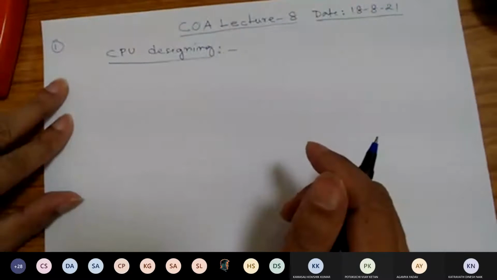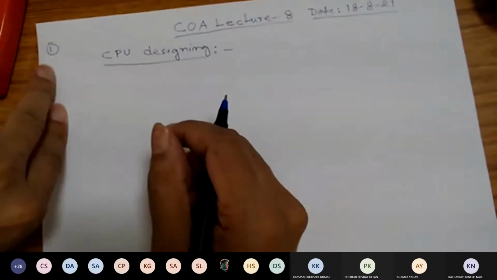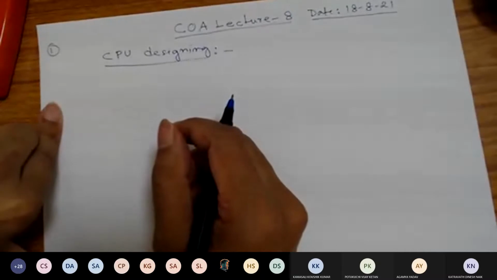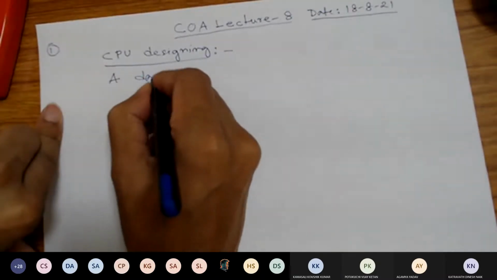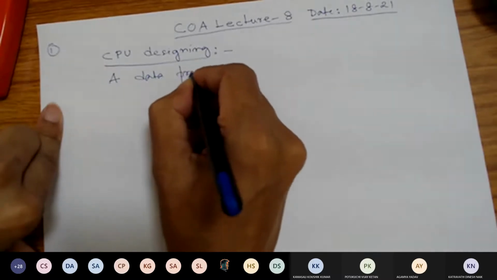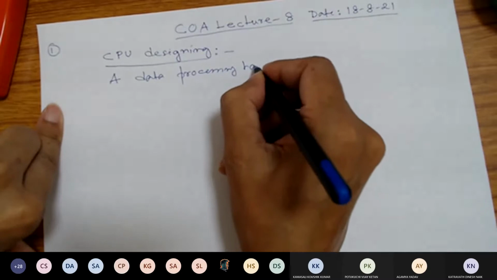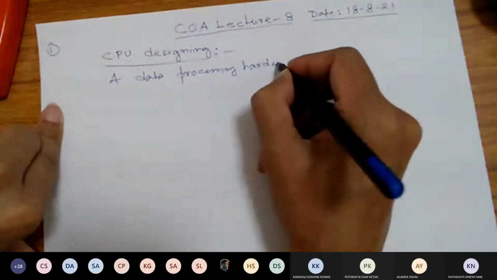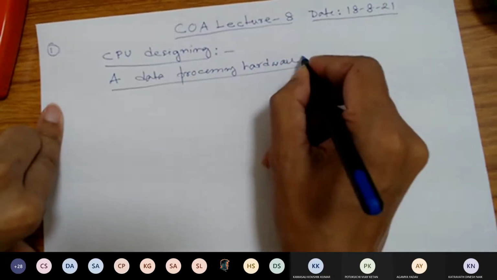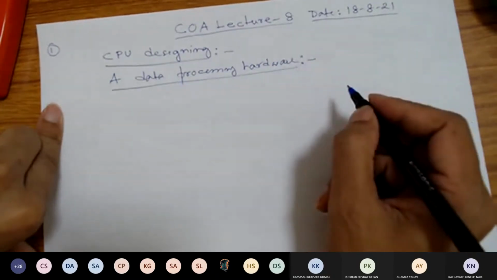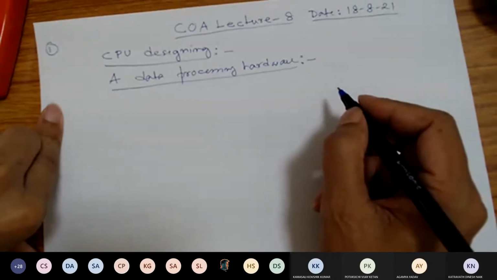Okay, now one component, it's a common component which we need to understand. That's a data processing hardware. So a data processing hardware has various functions inside a processor.